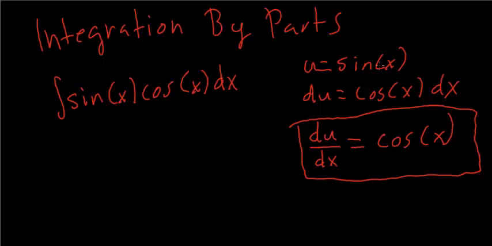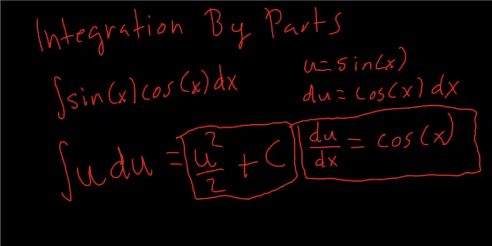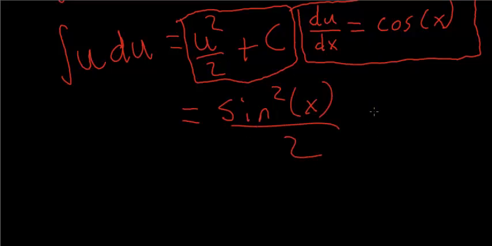So from this, since we've let u be equal to sine of x, we can rewrite this integral as the integral of u times du, which is very simple. It's just u squared divided by 2 plus c. And when we substitute sine of x back in for u, this is equal to sine squared of x divided by 2 plus c.